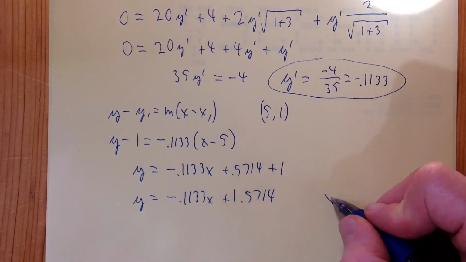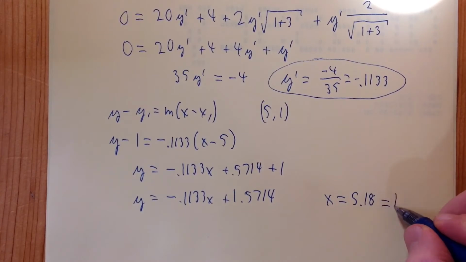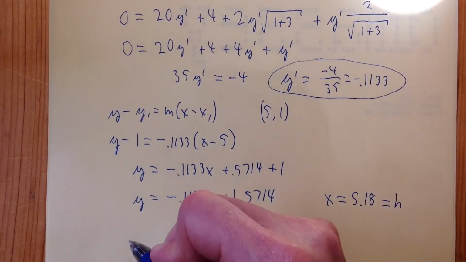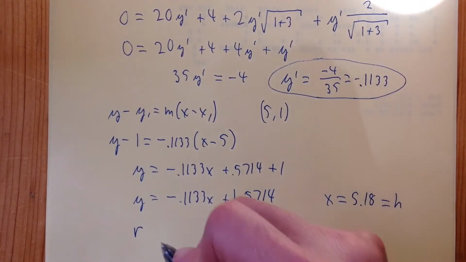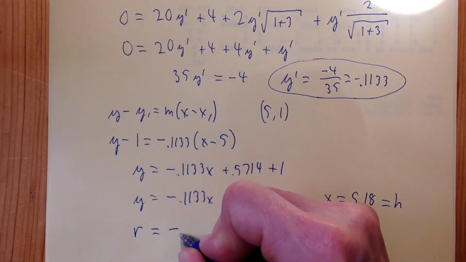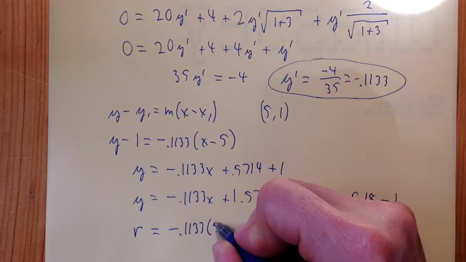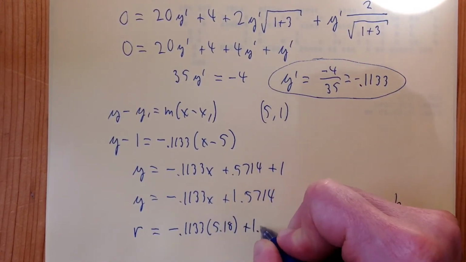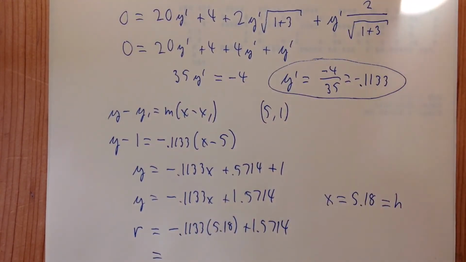Now let's change x to 5.18, which is our new h. And remember, y is our r, so our new radius, if we change x to keep the surface area the same, is r equal to negative 0.1133 times our h value, which was our x, so it's 5.18, plus 1.5714. We're almost done here.